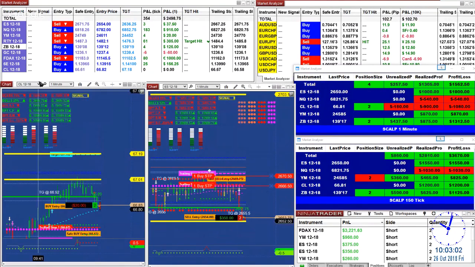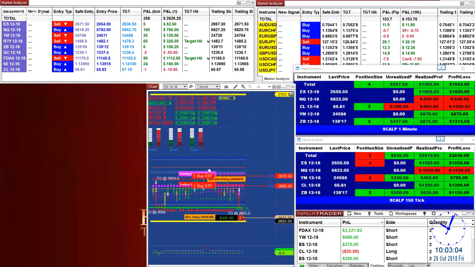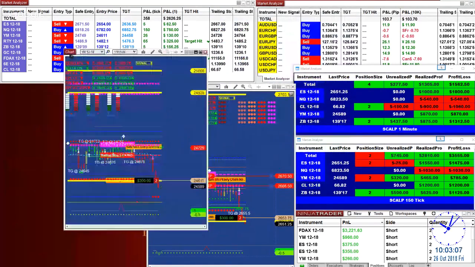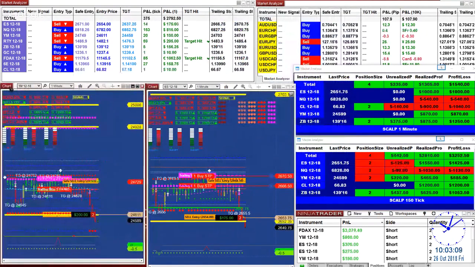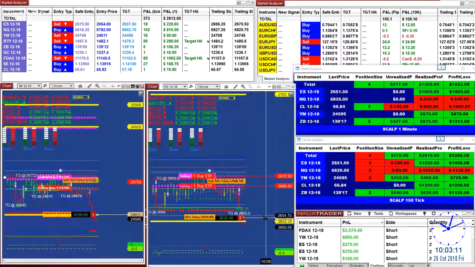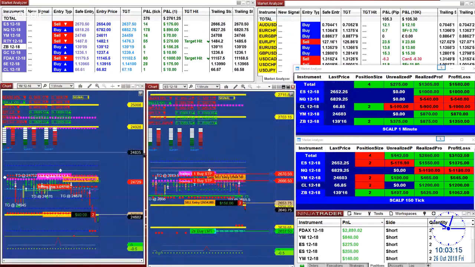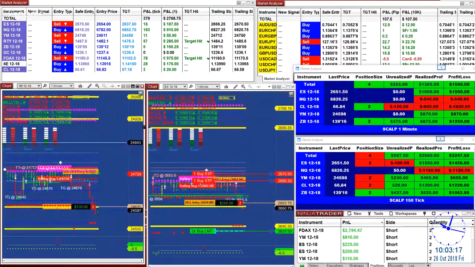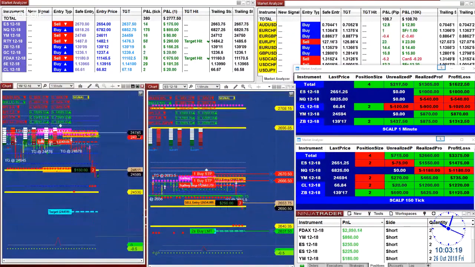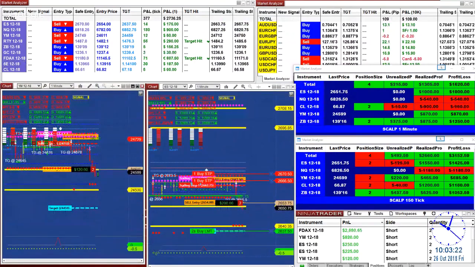So let's go ahead and put the new signals. Right now, immediately within a few seconds, we have 225 on this trade. The auto trade has put the target there, and we are just rolling on these trades. So this is very good for a Friday.